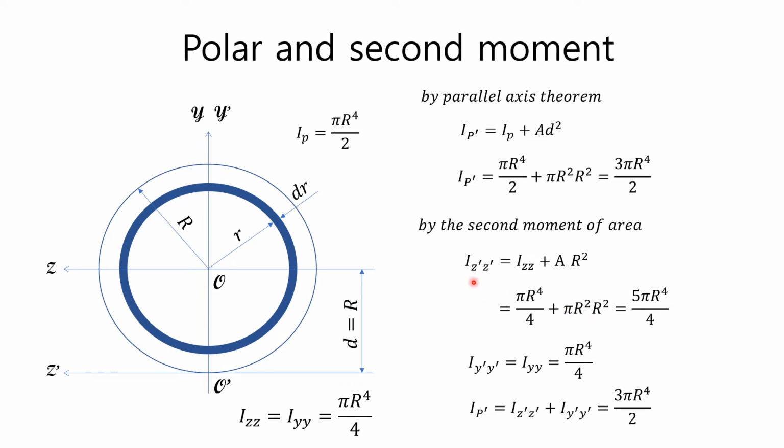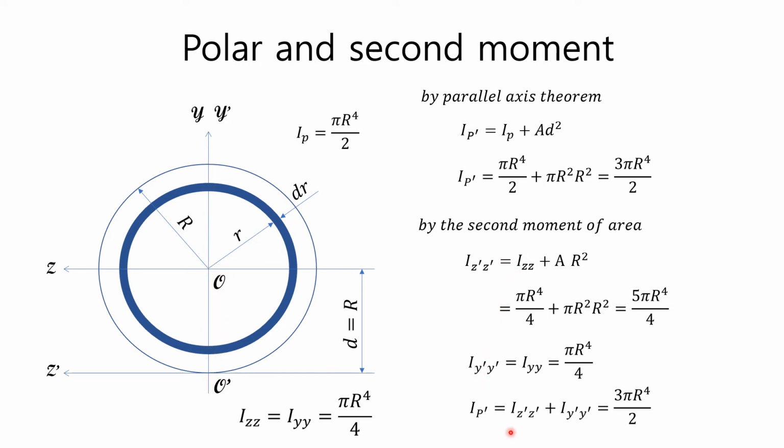Then Iz prime equals 5 pi r to the 4 over 4. There is no difference in Iy prime because the y prime axis still passes through the centroid.